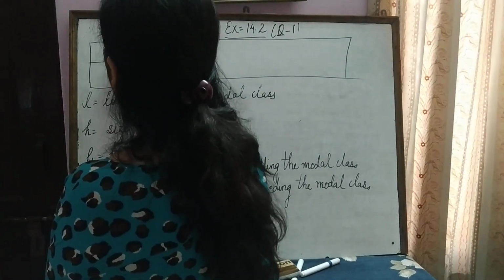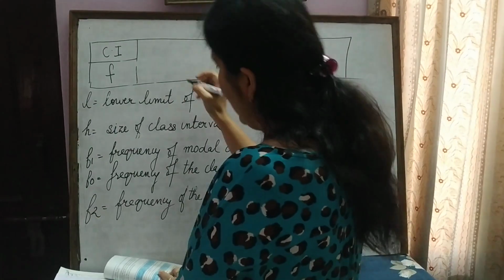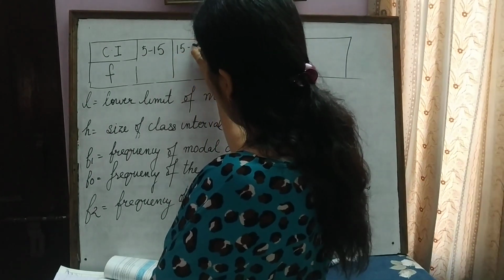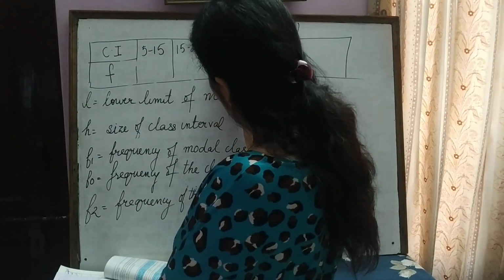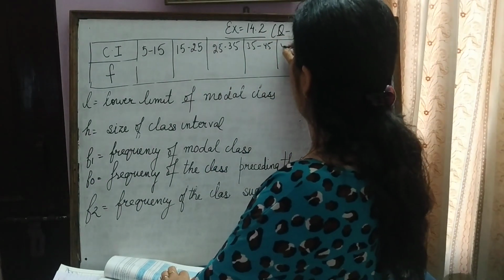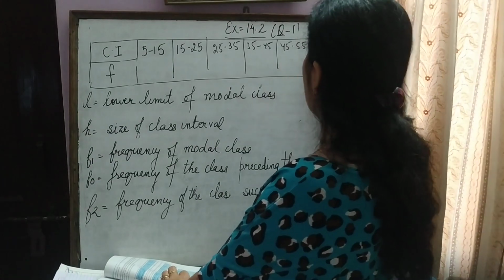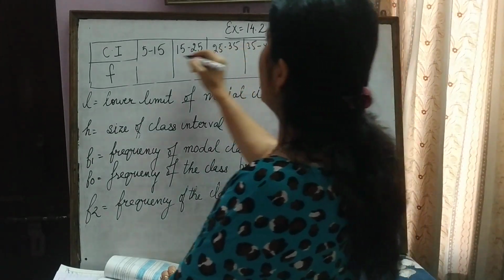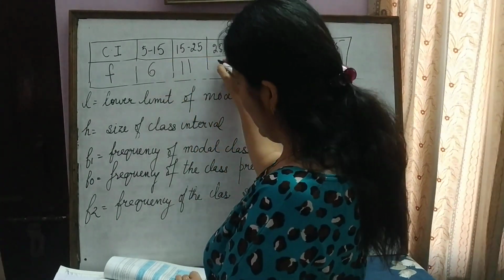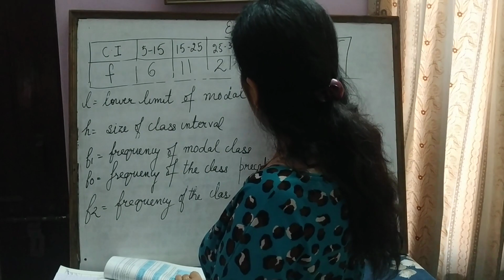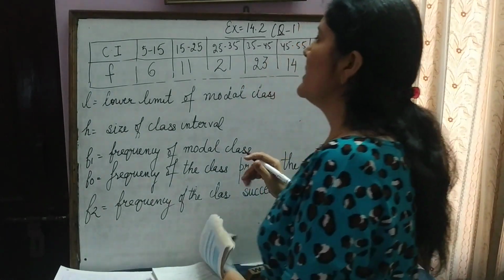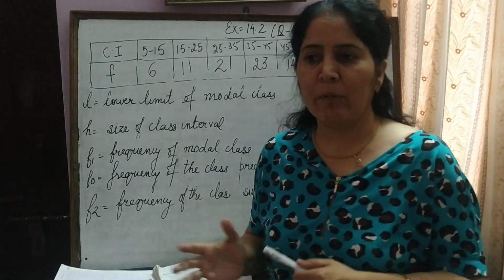The first class interval is 5 to 15, 15 to 25, and it goes to 35 to 45, 45 to 55, and the last is 55 to 65. And here the frequencies are 6, 11, 21, 23, 14, and 5. So you can see that I have copied down the table on the board.